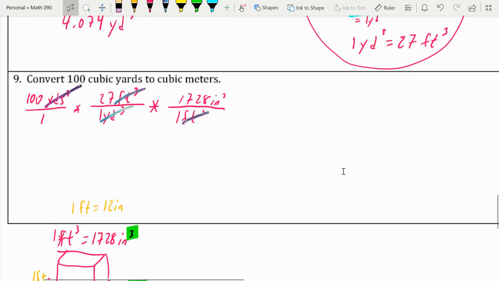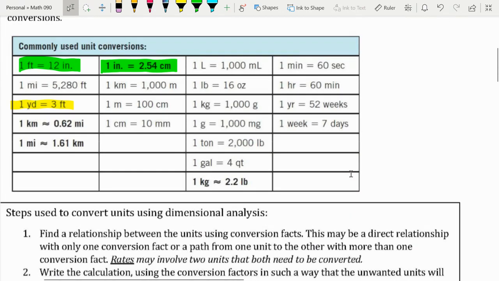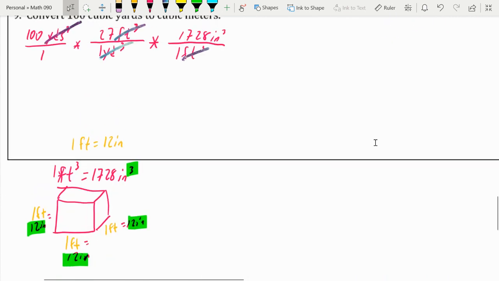Now, remember we said, what was that conversion? 1 inch is equal to 2.54 centimeters. But I need cubic inches. So here we go again.